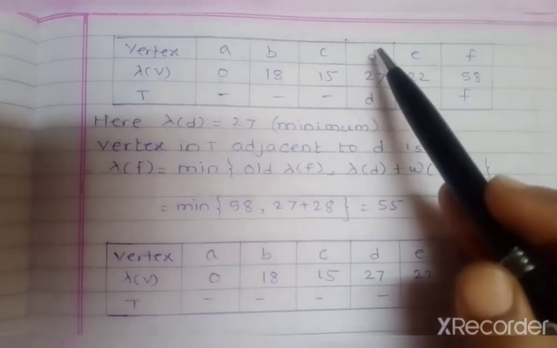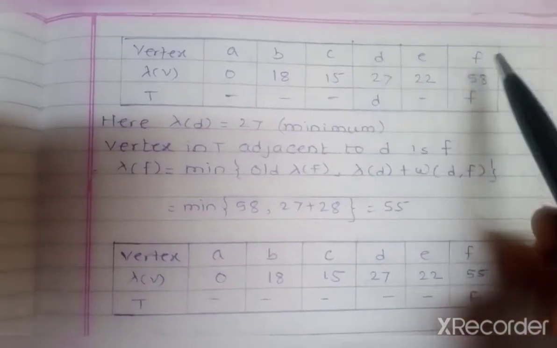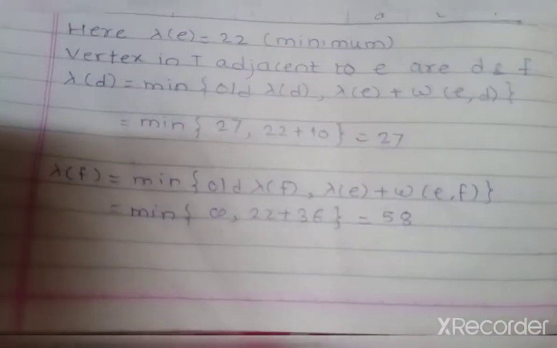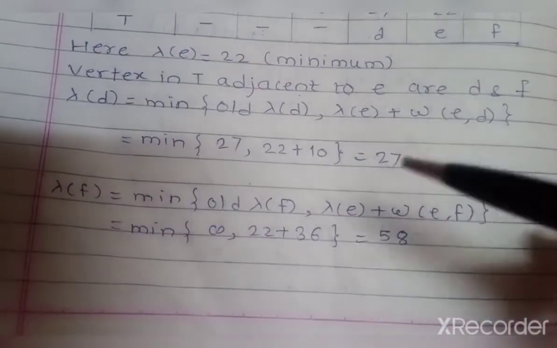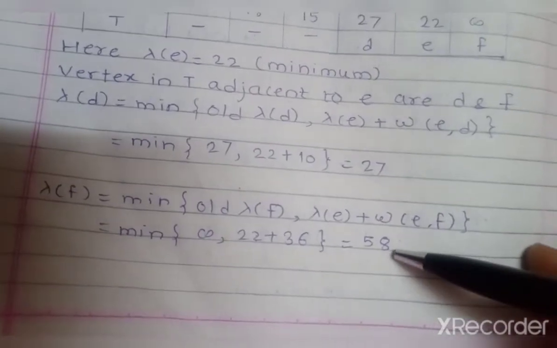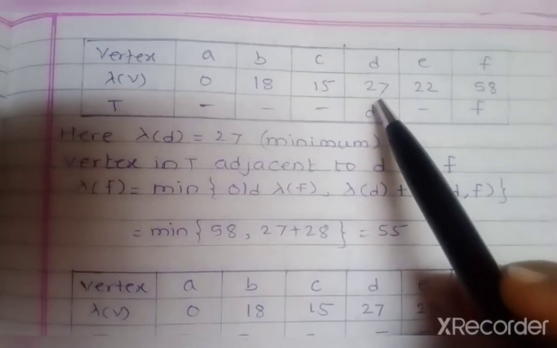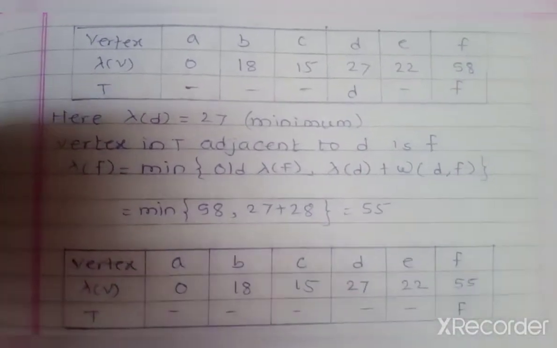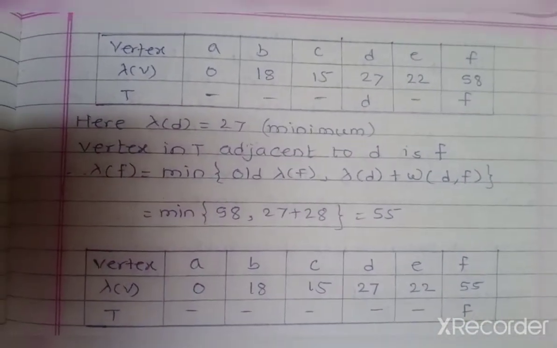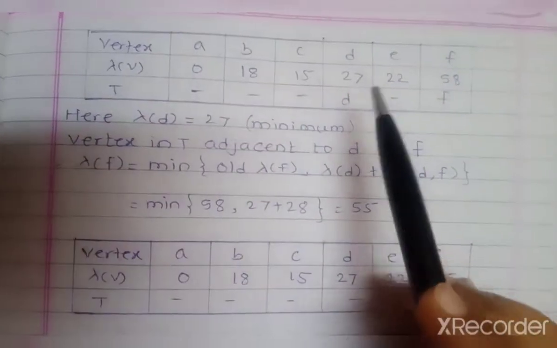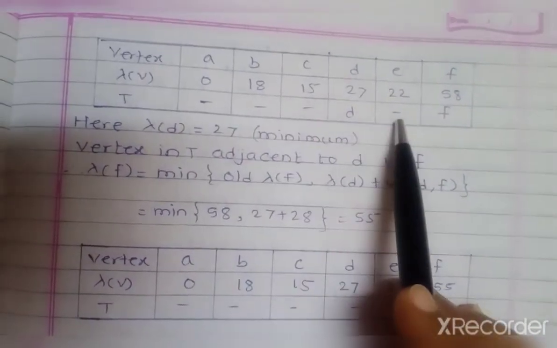So we put the values of D and F, which we calculated here. Lambda of D is 27 and lambda of F is 58. So we put those values here, 27 and 58.